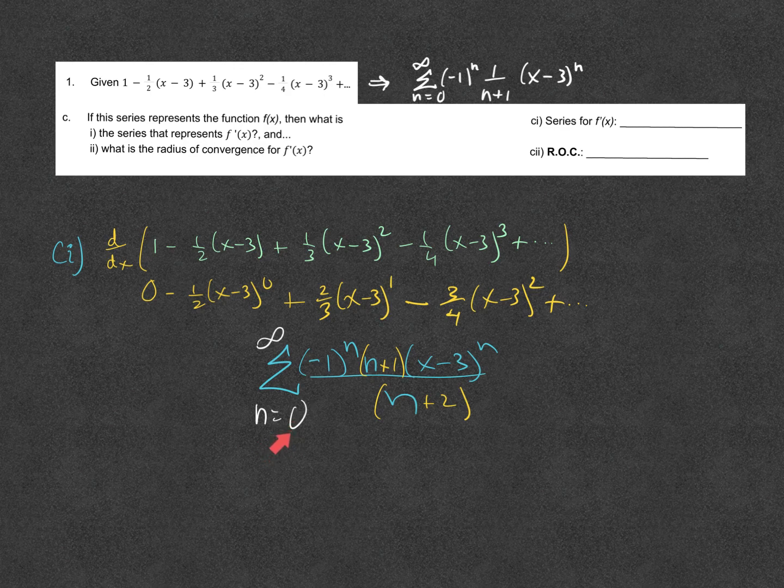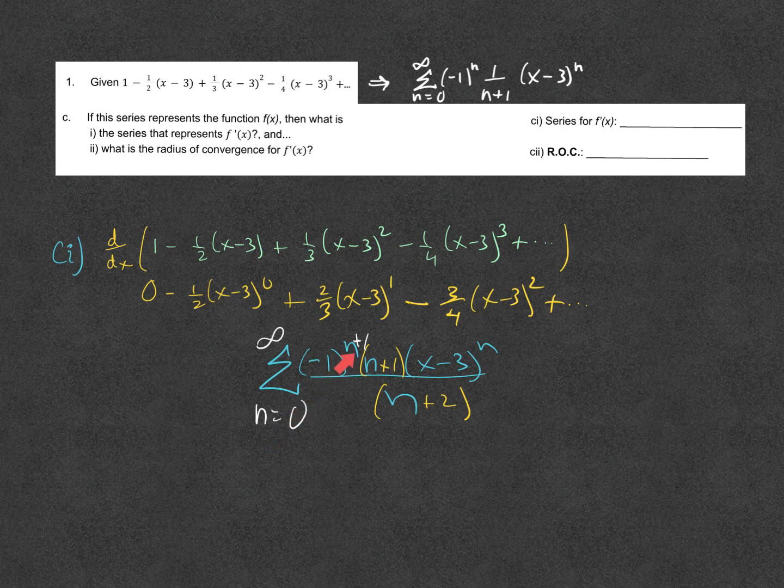So let's check this. If n is 0, we'll have a positive 1 times something to the 0 power, which is 1, all over 2. We'll have positive 1/2. This needs to be a negative 1/2, so let's change that exponent on negative 1 to plus 1 or minus 1. Alright, I'm going to make that a plus 1.